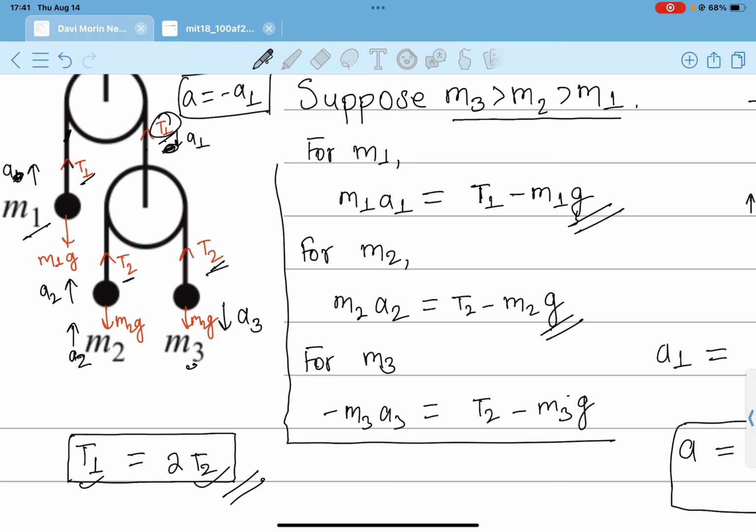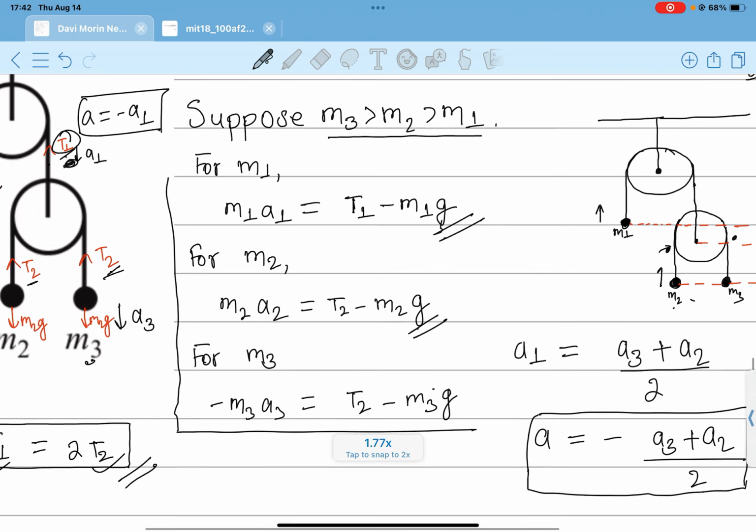I hope it is quite clear. Just taking mass m1, T1 is in the positive direction, it is accelerating in the upward direction. For m3, it's accelerating downwards, so taken minus, and T2 tension is acting in the upward direction, gravity is in the downward direction. So based on that, I have written these things.